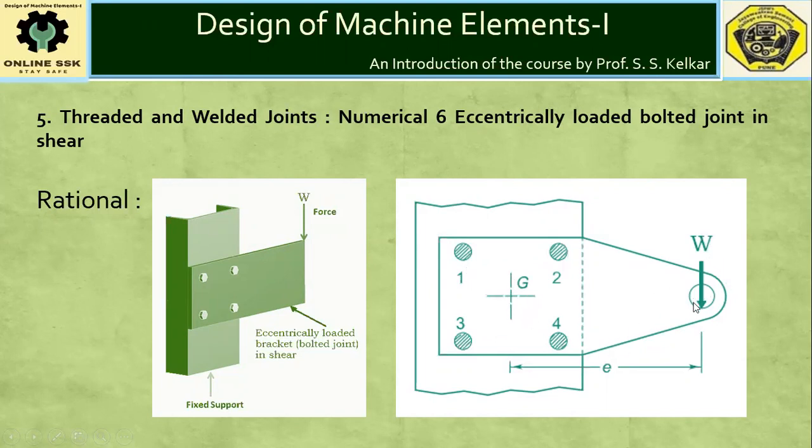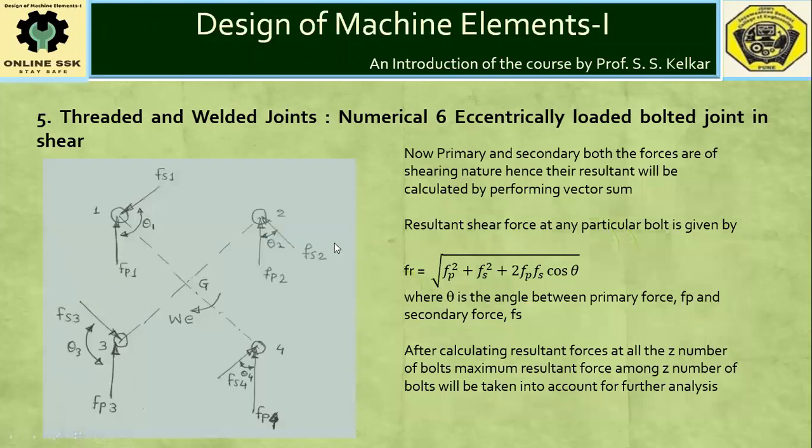This eccentric load will cause shearing of the bolts, and actually there will be two types of shear loads, primary and secondary, due to which primary and secondary shear stresses are developed inside the cross section of the bolt.